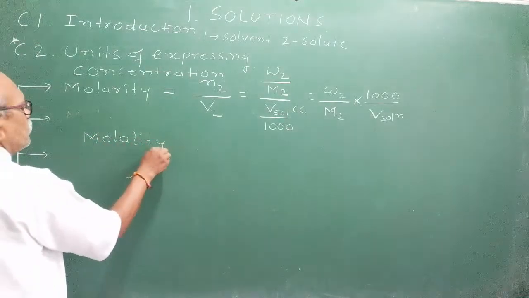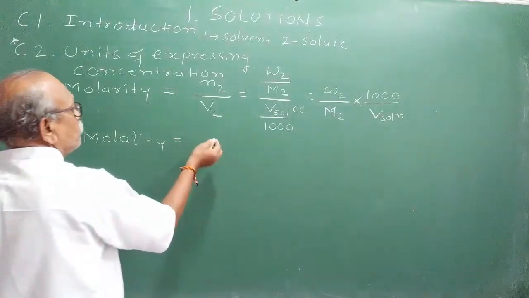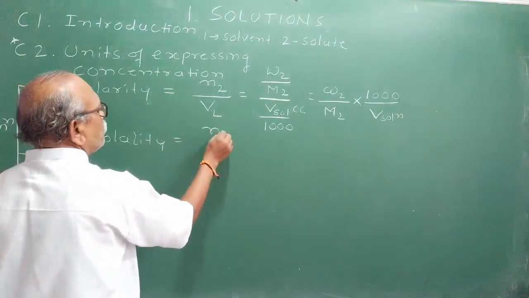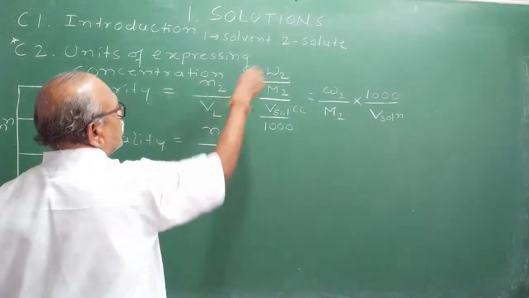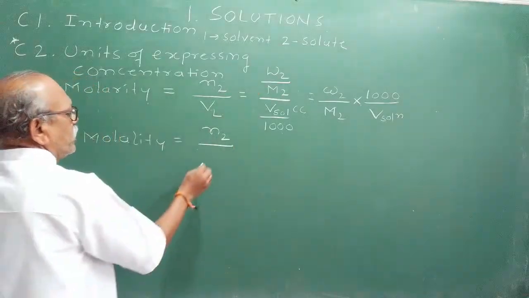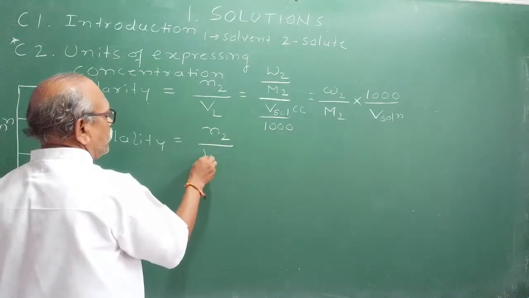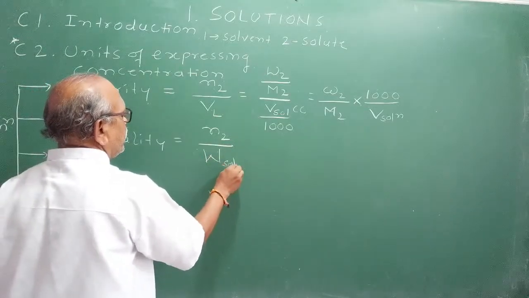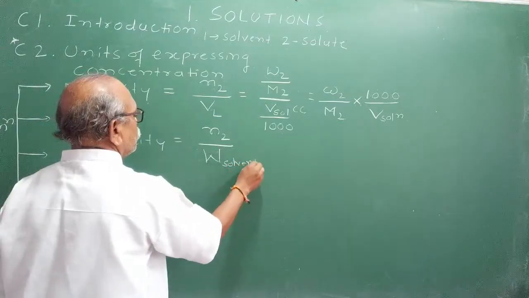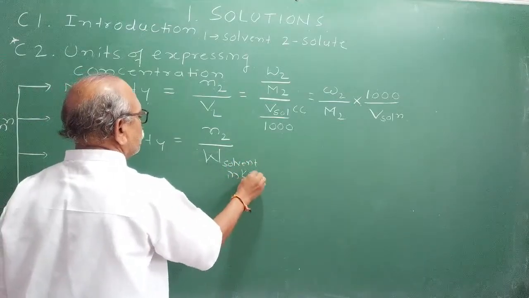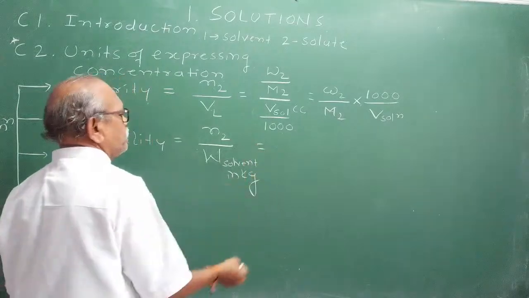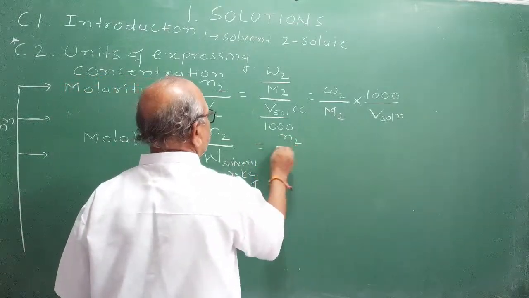So molality is given by number of moles of the solute, that is N2, divided by mass of solvent in kg. Suppose that generally solvent is given in grams. Then how do you convert it?